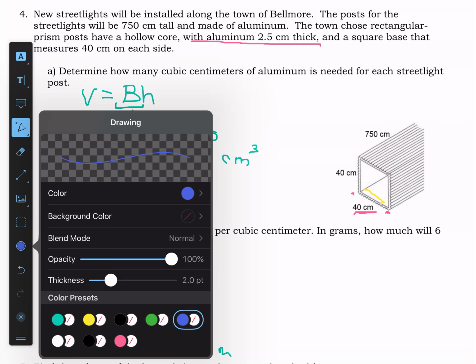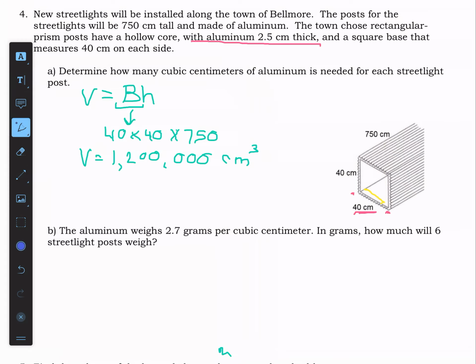So looking over here, if one side is 40 centimeters and my aluminum has a thickness of 2.5 on each side of that, and I want to figure out what the length would be just on the inside part, not counting those outside pieces, what I'm going to do is do my 40 minus the 2.5 over here and minus the 2.5 over here.